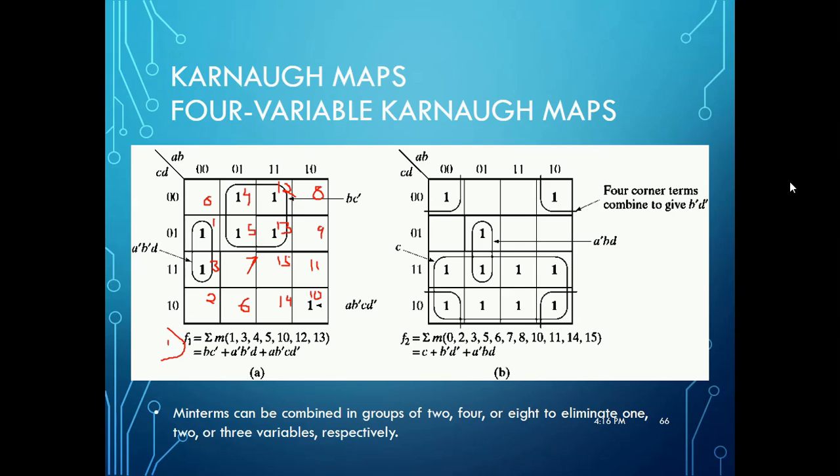So first you have to go for grouping the quad. After that you can see there are two ones remaining here, so the next step is you have to group them. You can group them in this manner also, but that becomes a redundant group, so we are not going to consider it here.